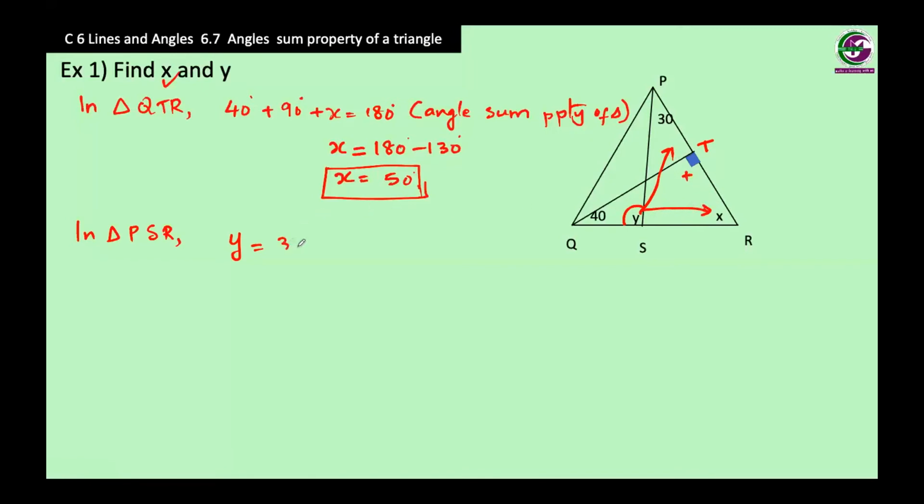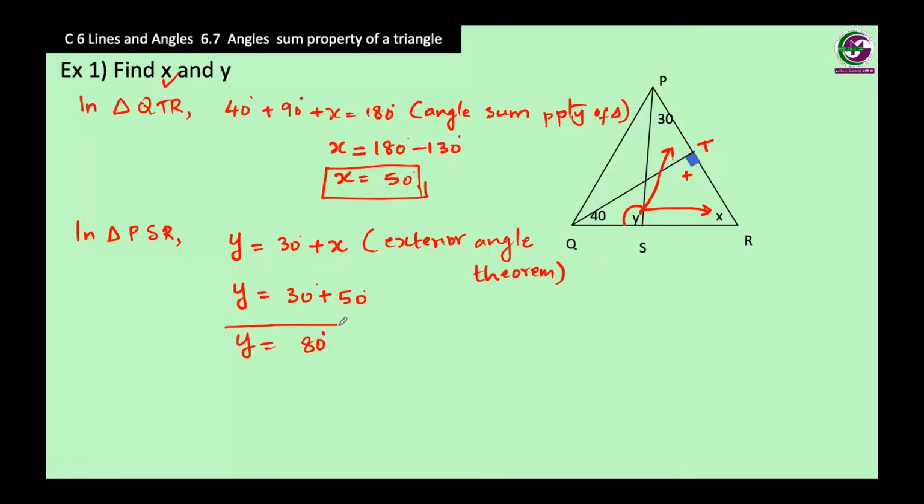So 30 degrees plus X. And you know X is 50 degrees. So we can write Y is equal to 30 plus 50. Exterior angle property, or exterior angle theorem. So we write the answer Y is equal to 80 degrees. That was the missing part.